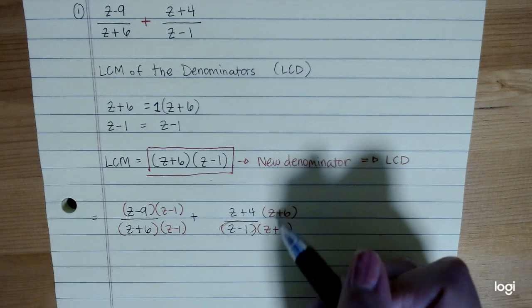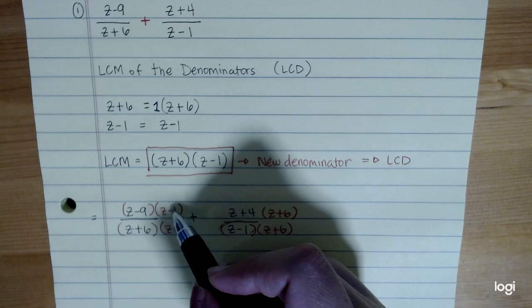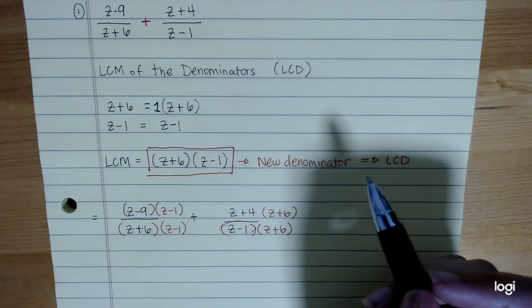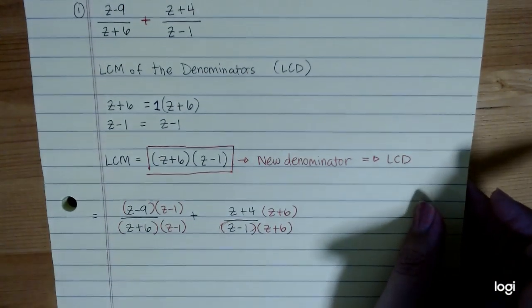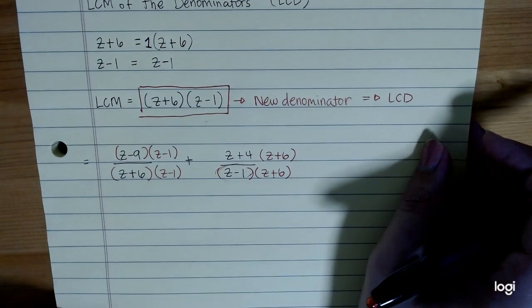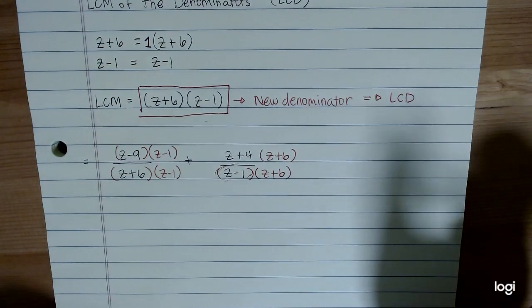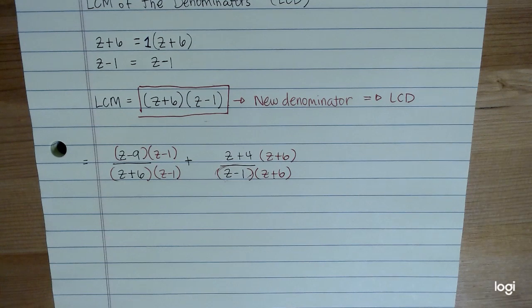So if I were to divide, that's that common factor, that has a value of 1. So I've not changed the value here at all. I am creating still equivalent expressions, meaning they have the same value, they just have a different form.